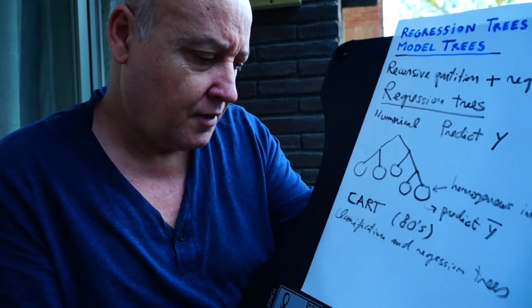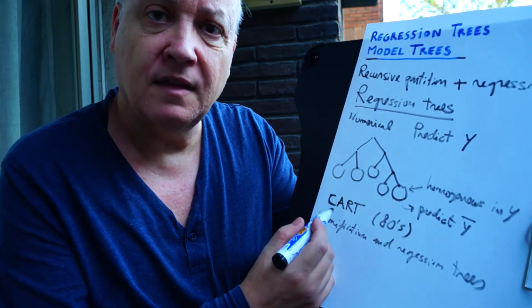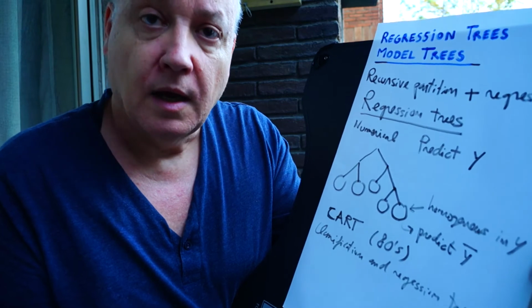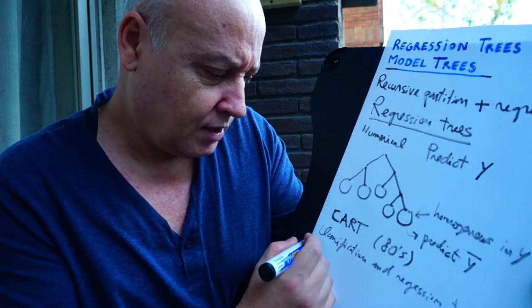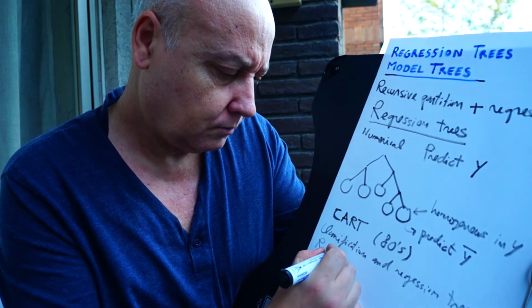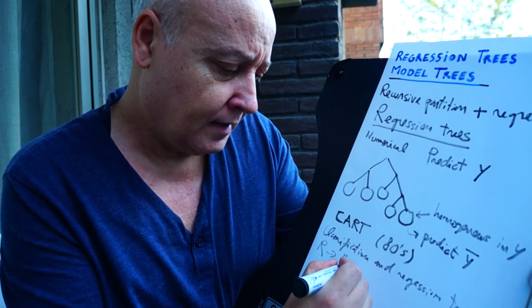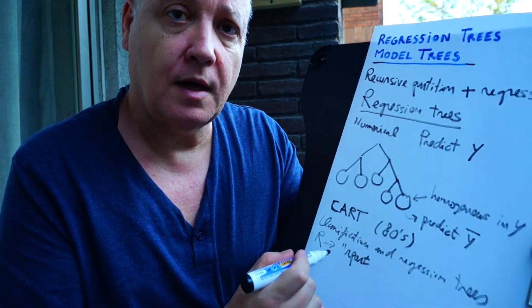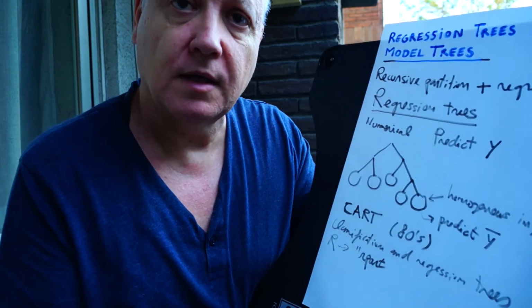And in R you can run this algorithm. There are many implementations of this algorithm, and we'll use a package in R which is called rpart, which means recursive partition, something like this.